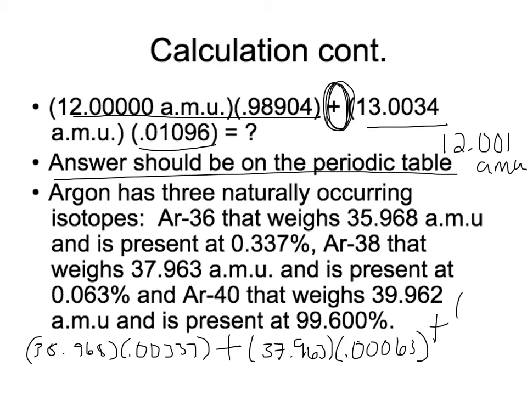Plus, I'm going to take the third one, kind of running out of room here, 39.962, and multiply it by 0.996, 99.6%. Okay, absolutely practice that out. What you should find when you do that is 39.947 AMUs, and that's exactly what should be on the periodic table, but check that for yourself.